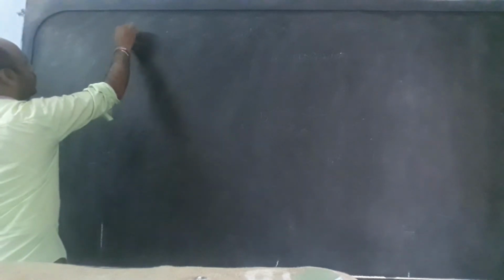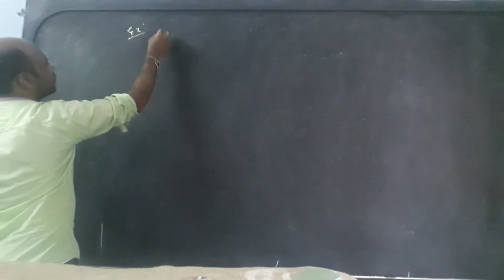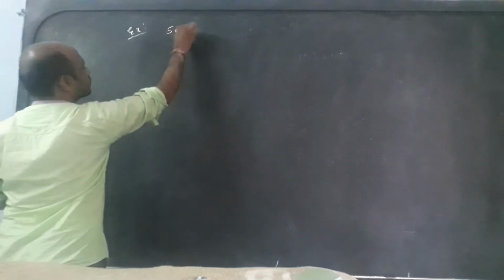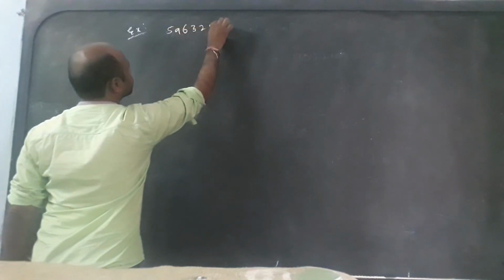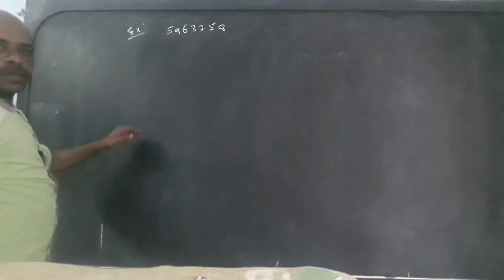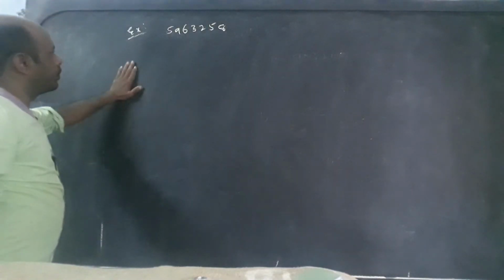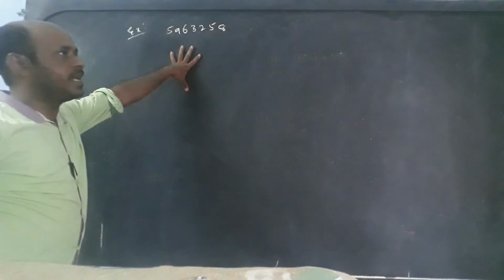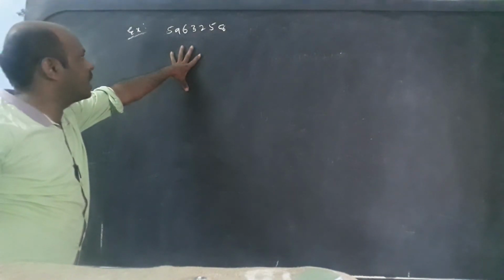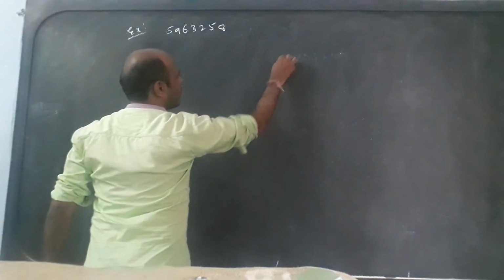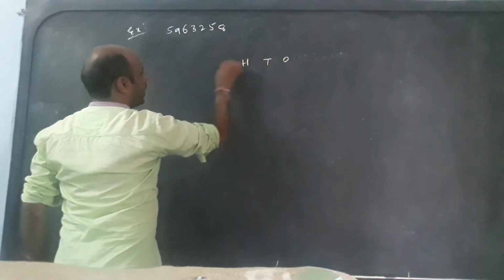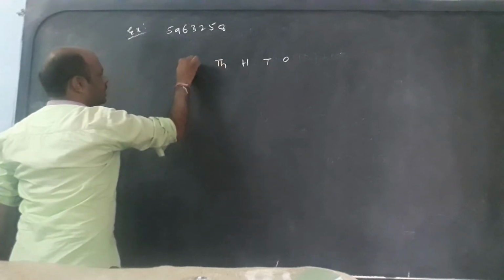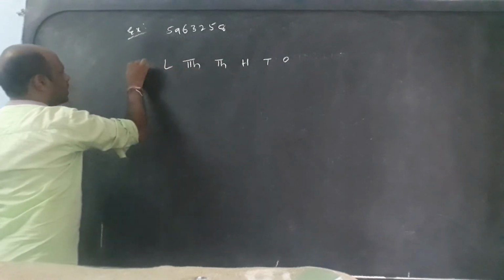First, before number names, I will explain place values one more time. See here, example. This number is given. Now, according to this, we will arrange the place values in the Indian system: ones, tens, hundreds, thousands, 10,000s, lakhs, 10 lakhs.